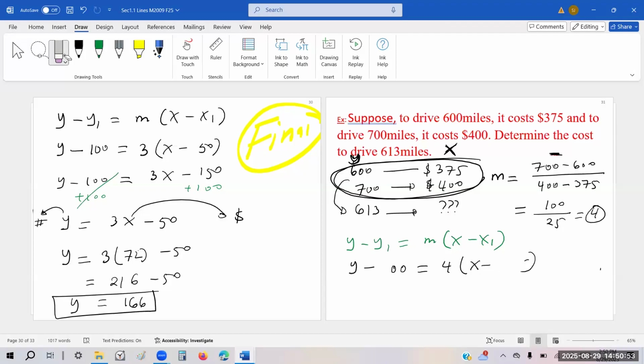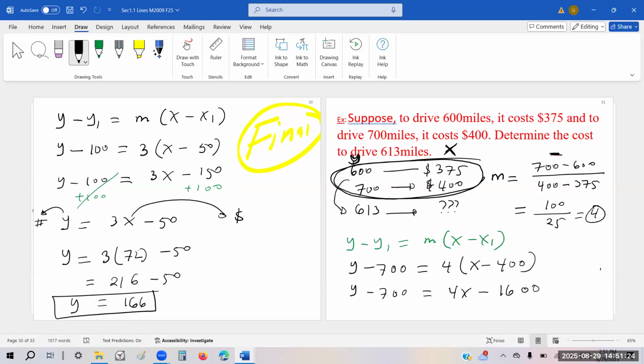Then I don't have to do 375 times 4. We can easily do 400 times 4, right? You can pick any one of the points; it doesn't have to be exactly X1, Y1. So Y minus 700 equals 4 times X minus 400. Easy, right? 4 times 400 is 1600.